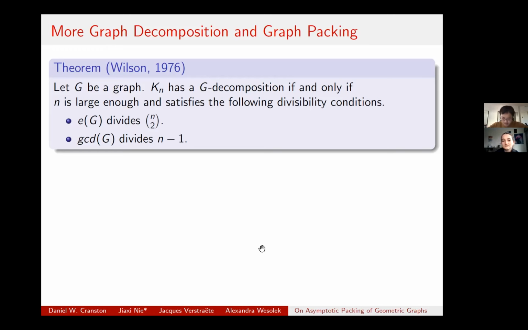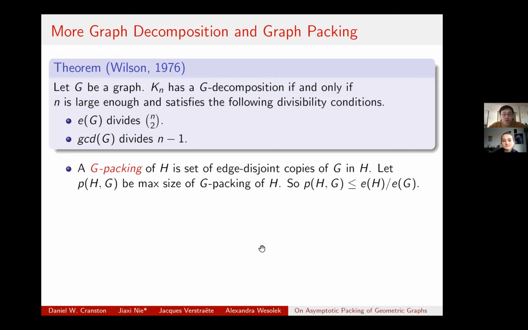A G-packing of H is a set of edge-disjoint copies of G in H, and we let P of H and G be the maximum size of a G-packing of H. Clearly, P of H and G will be at most the number of edges of H over the number of edges of G.